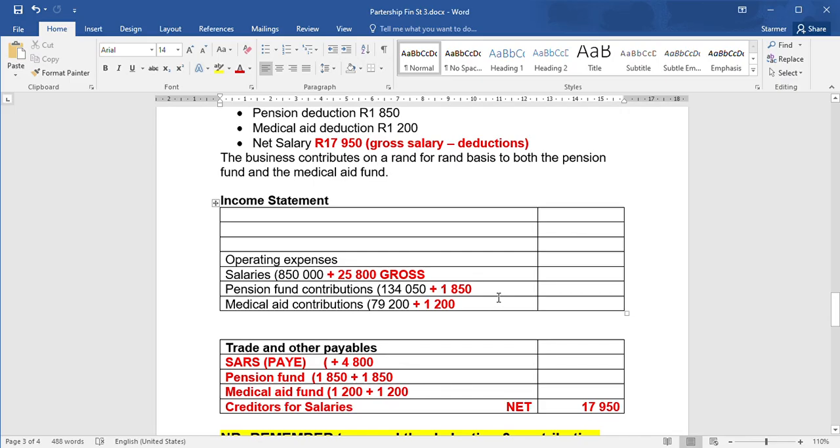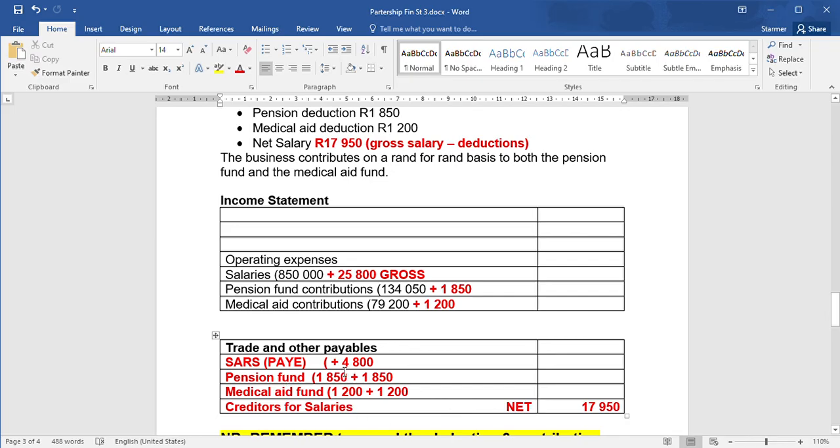Those additional expenses must get added as part of your contributions. Now, from what I've seen, most pupils remember to do this, but they forget the double entry. They forget that that 1,850 is also owed to pension. That 1,200 is also owed to medical aid. In other words, wherever there's a deduction and a contribution, you must show two entries here and then add up for your final answer.